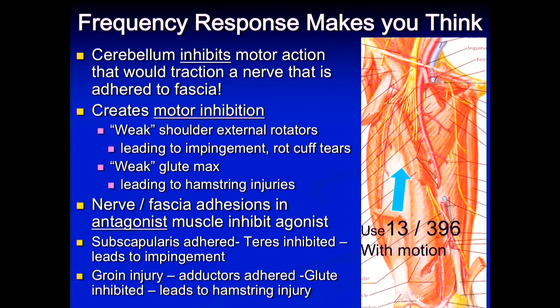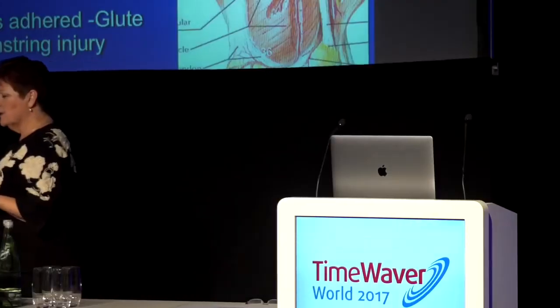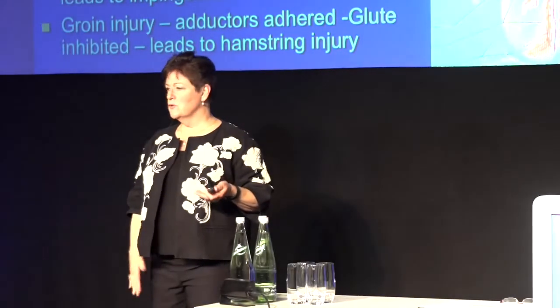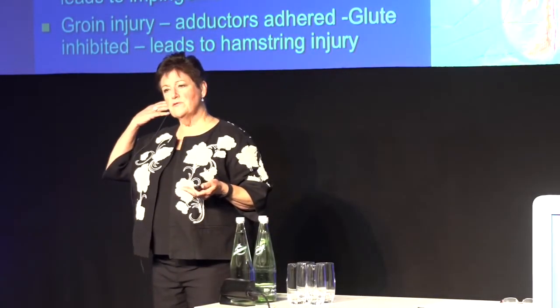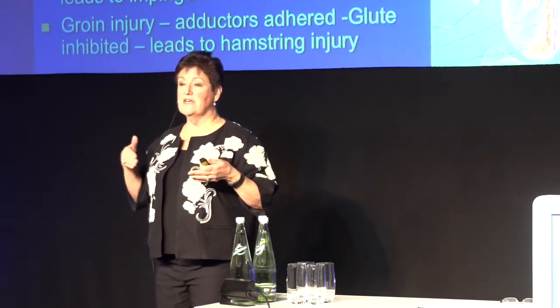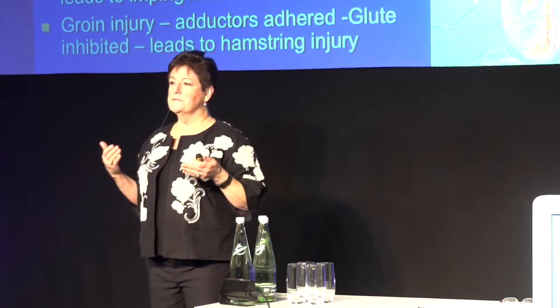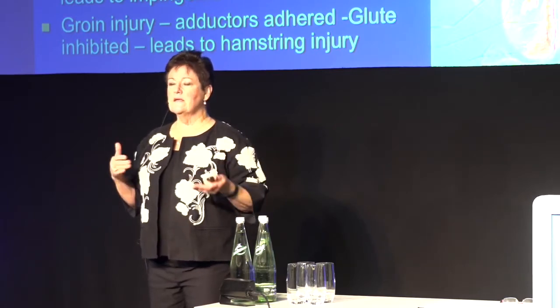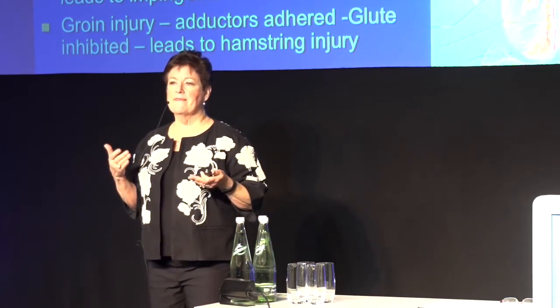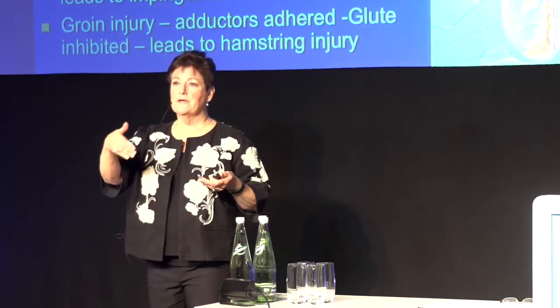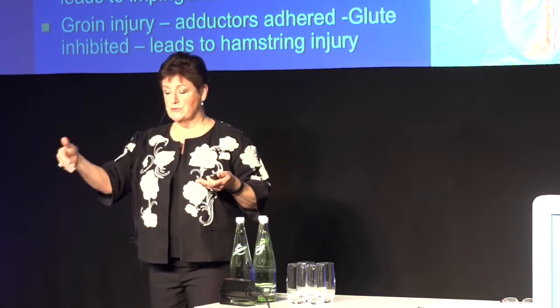So the cerebellum will inhibit any muscle that puts at risk a nerve. The cerebellum is nerve tissue. Its job is to protect its fellows, the other nerves. So we had a marathon runner in Australia who's brought to the course by her doctor and her coach.